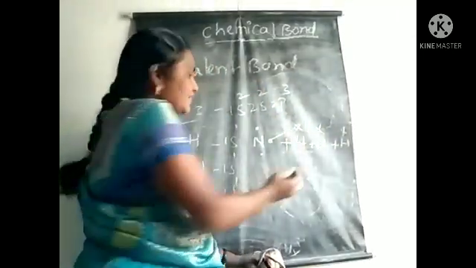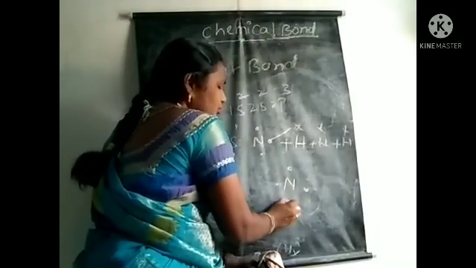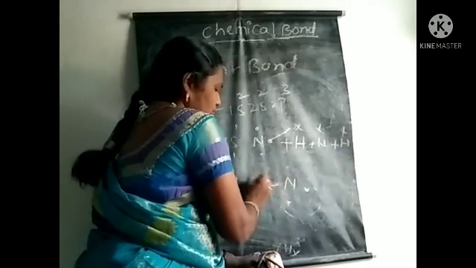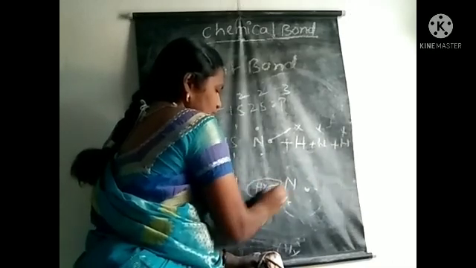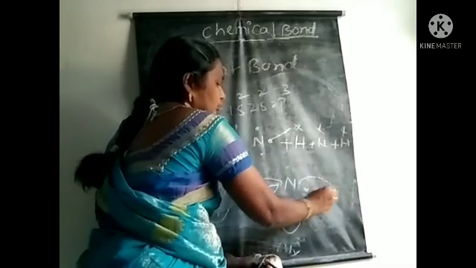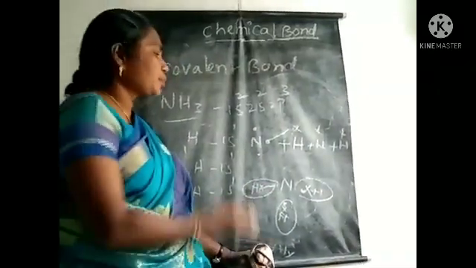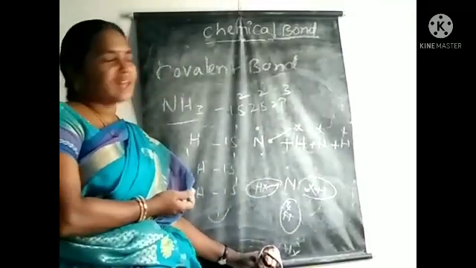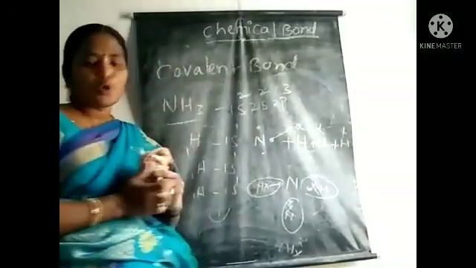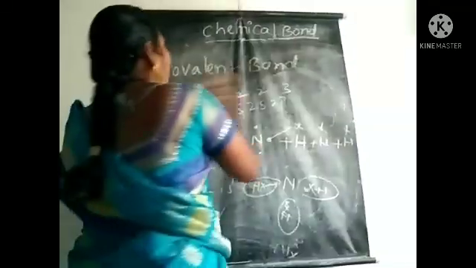Formation of NH3 is like this. Like this, bond formation takes place in ammonia. These are all examples of covalent bonds.